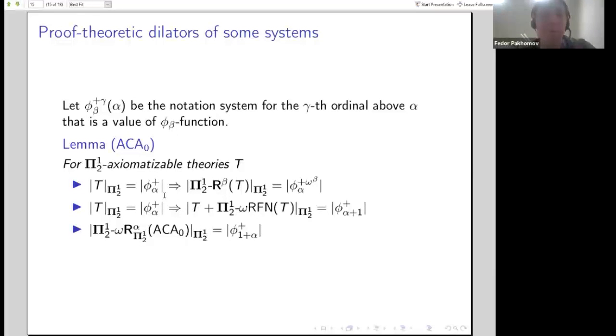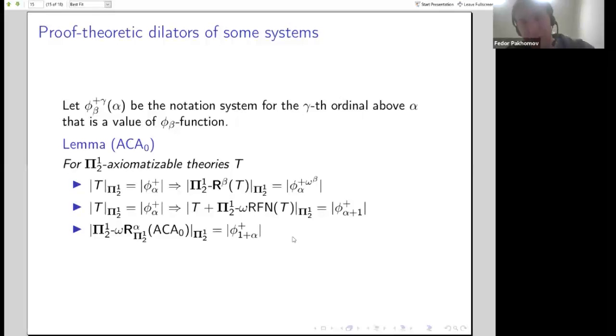And here basically what happens is that iterations of Pi^1_2 reflection increase over a theory for which we already knew its proof-theoretic ordinal to be phi alpha plus, it should be corresponding to this. So basically beta times iteration corresponds to omega to the beta times iteration of this delta. It's actually fairly easy to show.